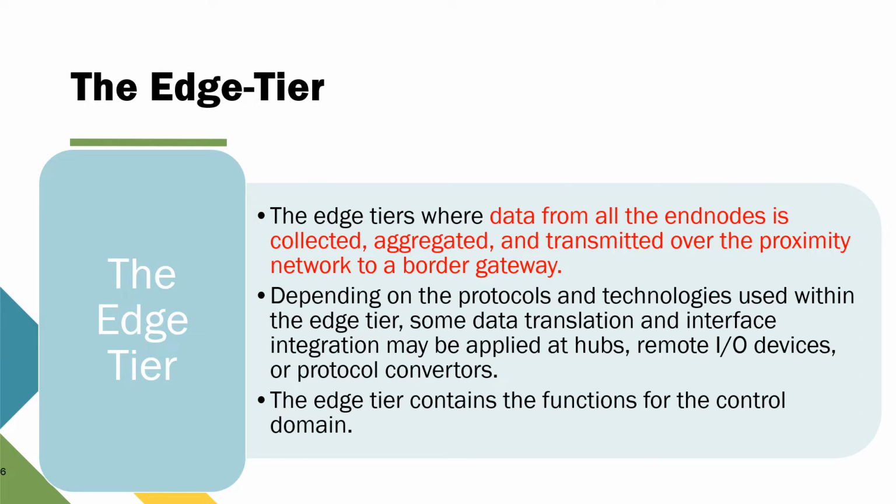And then this edge tier usually contains the function for the control domain. If you don't remember what the control domain is, go back to the slide in the previous class. We already saw the viewpoints, right? So if you can see, we have the usage viewpoint, where one of the functions is the control domain.